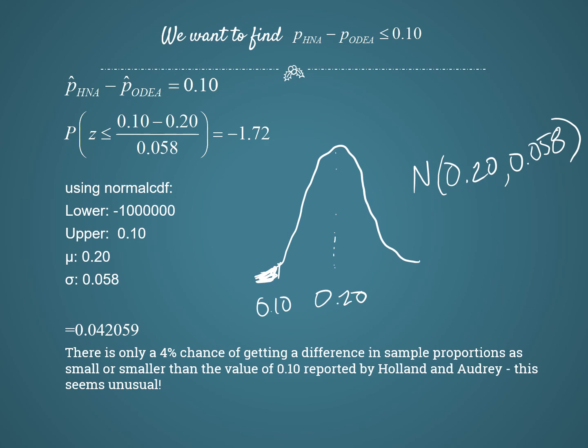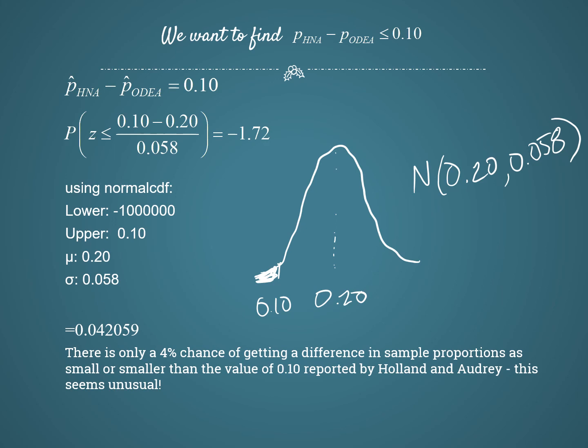So I'm going to use my z-score: stat minus parameter. And again, this is what I determined from our estimate of H&A was 70 and O'Day was 50, and we had a difference of 0.2. And then here's my standard deviation. So when I do that, I got a z-score of negative 1.72.